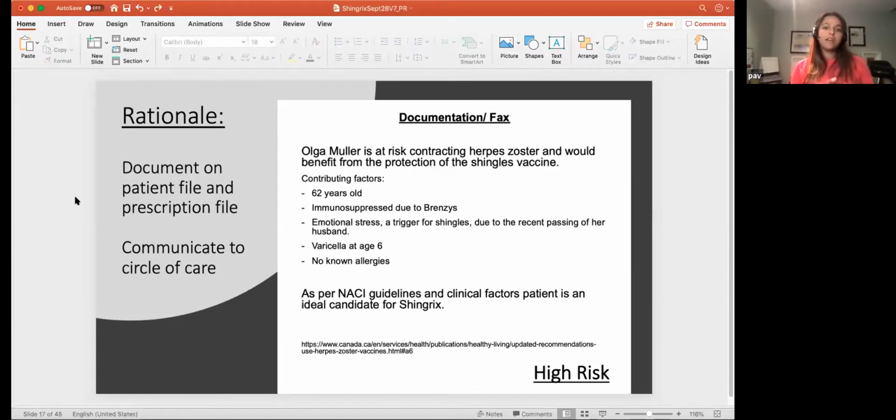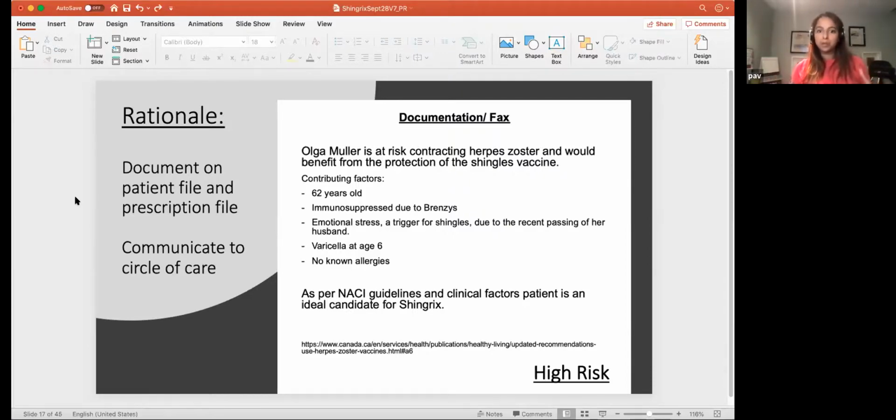But I would strongly recommend either you attach a documentation like this, whether it be that it's scanned in, attached to the prescription, or whether it be attached as a patient note, where we see the prescription number is co-referenced, whichever system you're using, somehow noting down this information, the date and time on which you had this conversation with her, as well as noting down the guidelines, the NACI guidelines that you referenced that truly highlight that she's an ideal candidate, are required to make sure that we've encompassed all our facts.